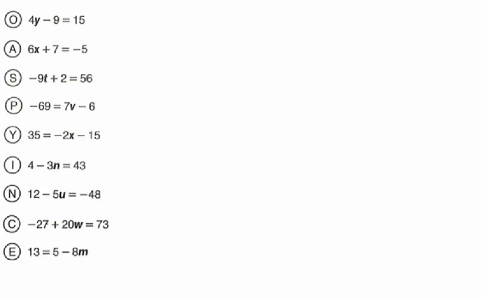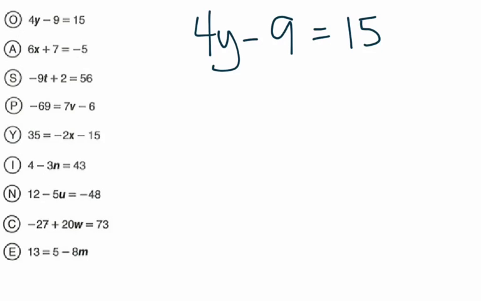We're going to start with the first one, which is O, and it says 4y minus 9 equals 15. Here's what we know. There are two things happening to the variable. I'm going to write it over here. Notice that 9 is being subtracted.